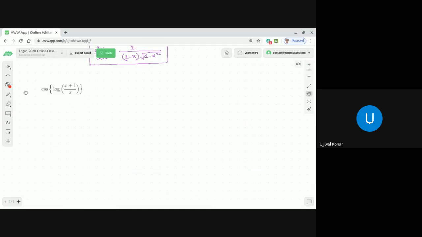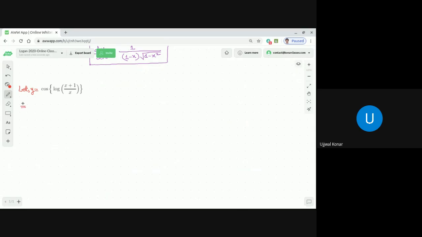So here let y is equal to cos of log x plus 1 by x. How you want to do it is, as I said, that we will break it into smaller parts.